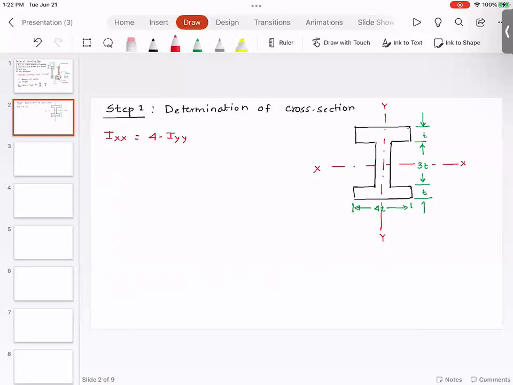So for that, we find out something called the buckling load, WB. WB is compressive stress multiplied by area divided by 1 plus a L divided by Kxx square, where Kxx is the radius of gyration.